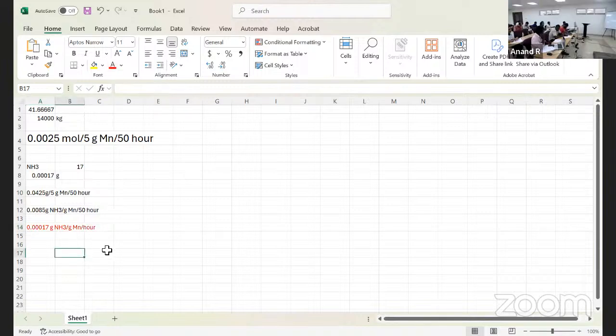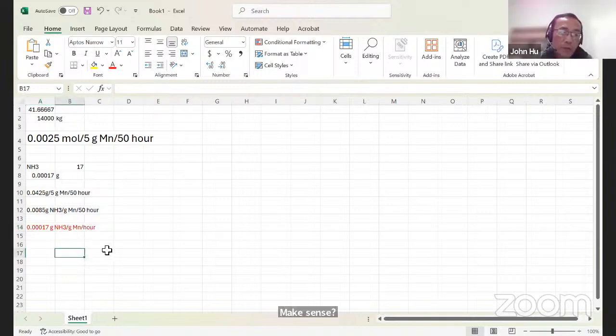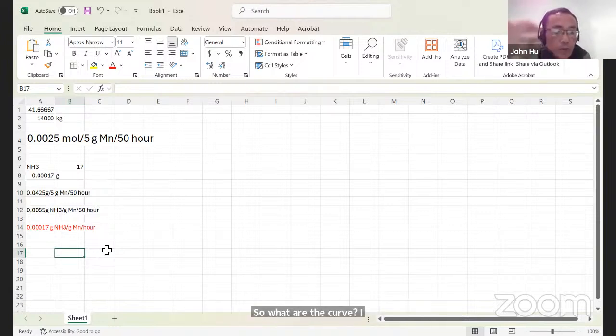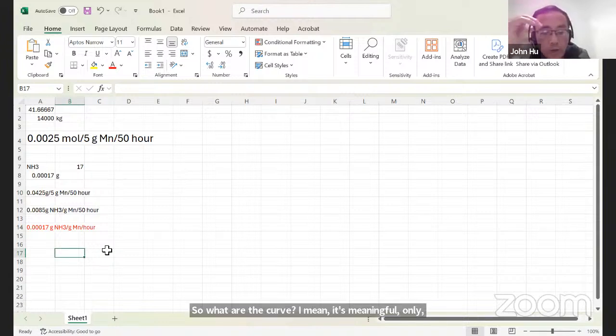Okay, so now it comes to specific activity, which is the example I showed you. Using the data in figure 5, you come up with specific activity. This is the laboratory data you need. The curve is meaningful only as the raw data, but you want to calculate this.